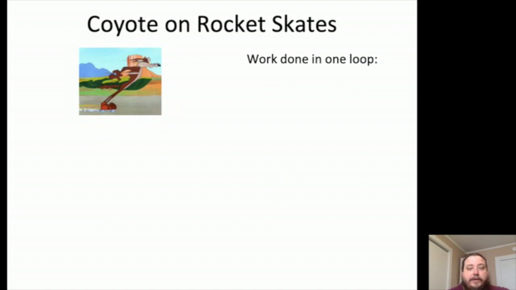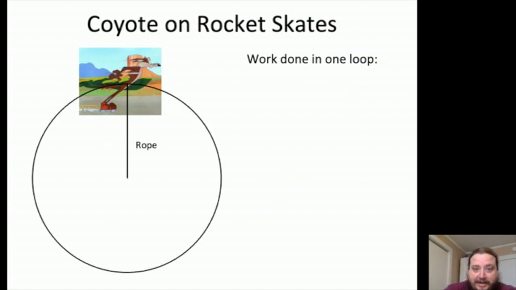And if we imagine the Coyote has attached himself with a rope tied to a stake in the ground and is going around in a great big circle, then we could ask ourselves, how much work do the rocket skates do on the Coyote as he goes around in a circle and comes back to his same location? So there's a forward force being applied to the Coyote, and that's a tangential force. Meanwhile, he's going around in a circle.